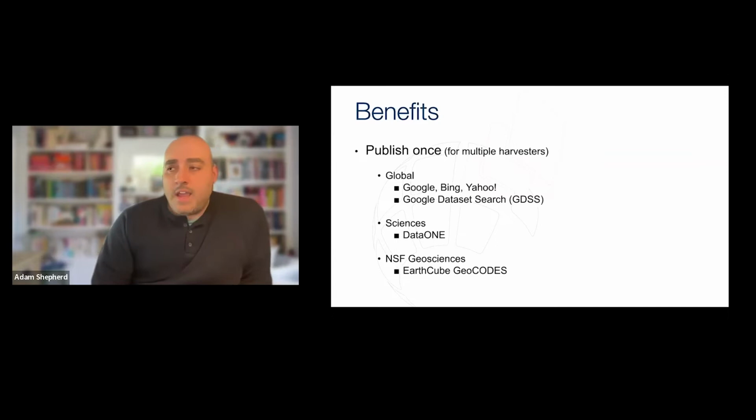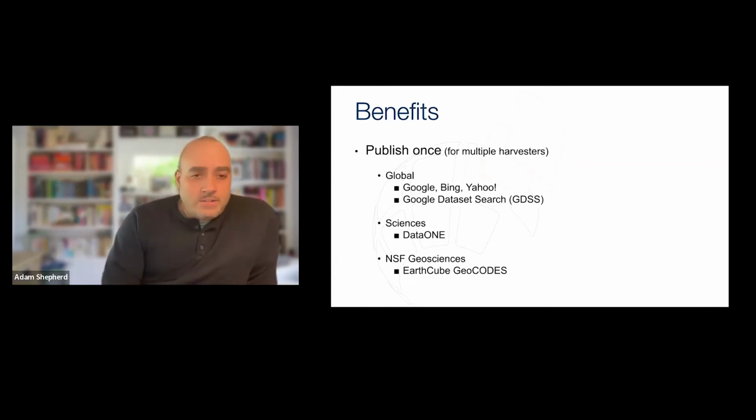Also in the sciences, you have DataONE, which is a metadata aggregator. They are now aggregating using schema.org as a technique for inclusion in their catalog. More recently, the NSF Geosciences directorate has funded this EarthCube effort called GeoCODES, of which Doug is a part, and he has had a big hand in writing software to harvest.